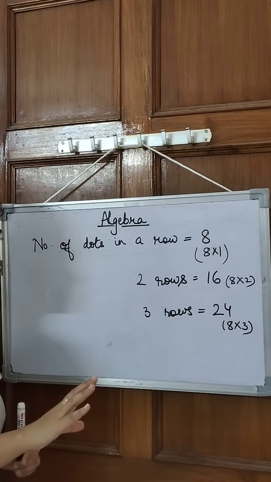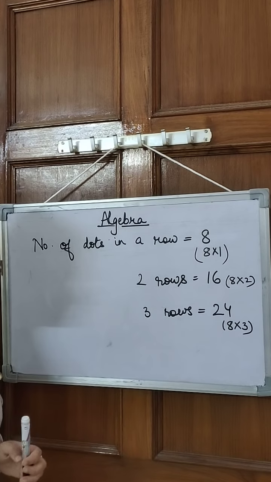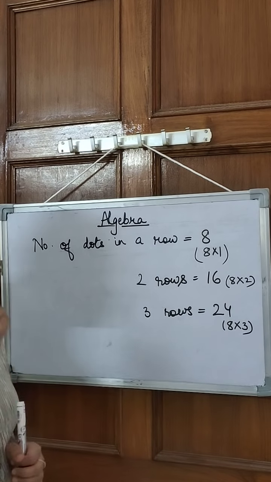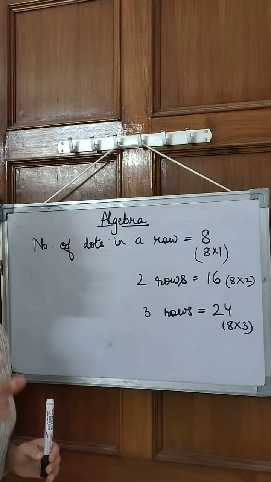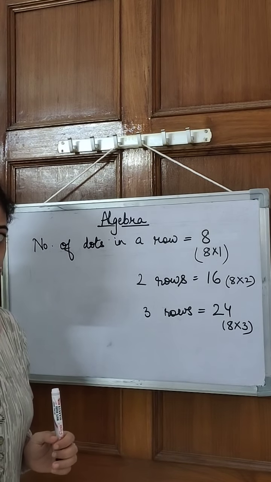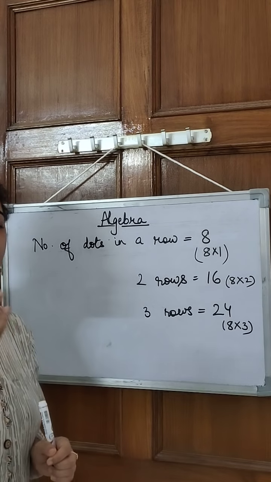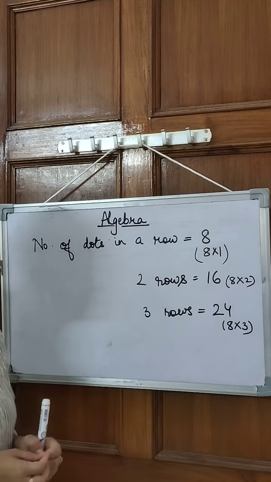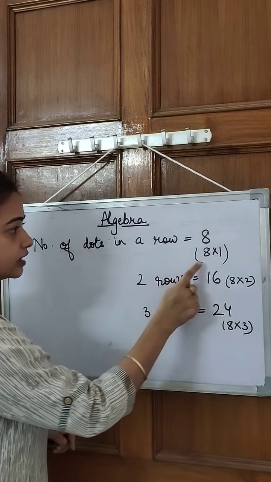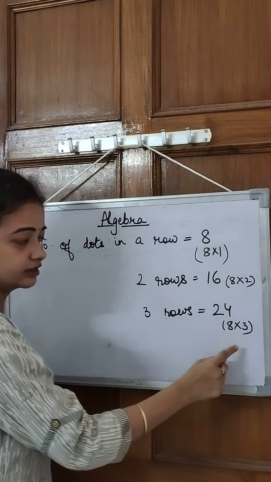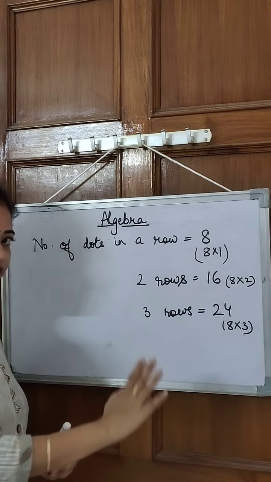So similarly they are asking what we can write in general. In general, we can assume the number of rows as a variable and we can put in the value according to the need. Here, of these things, one thing is constant and one thing is variable.